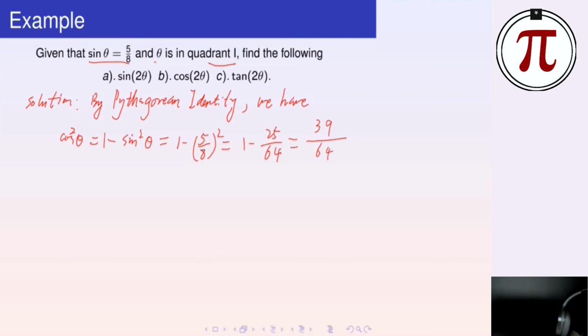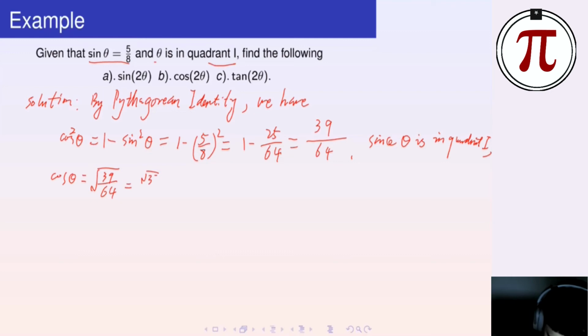Now, since it's in quadrant 1, cosine is positive, so we take the square root of 39 over 64. Cosine theta is square root of 39 over 8. Okay, so that's cosine theta.